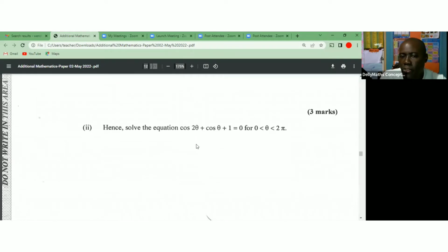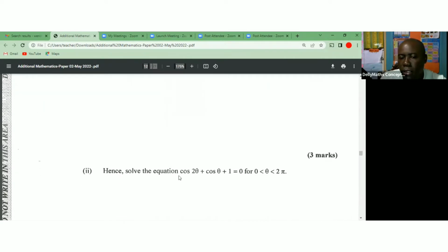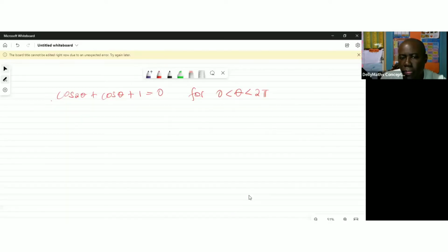So we're going to substitute 2 cos square theta minus 1 for cos 2 theta here. Having gotten the fact that cos 2 theta is equal to 2 cos square theta minus 1, we're going to substitute it right here.